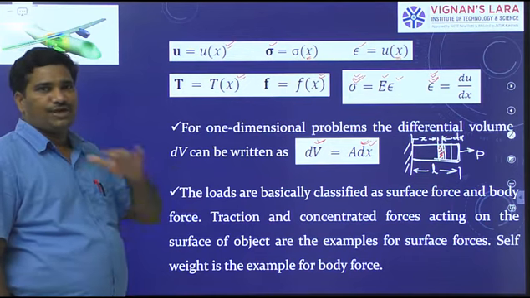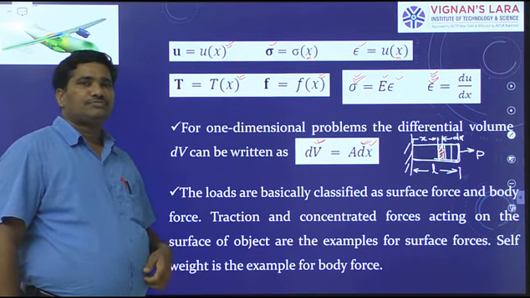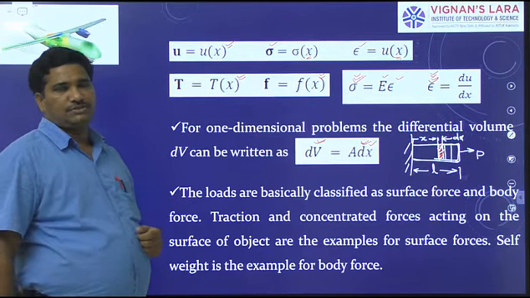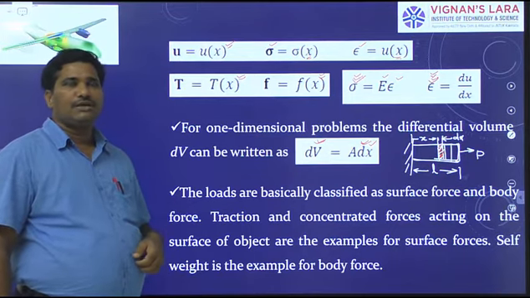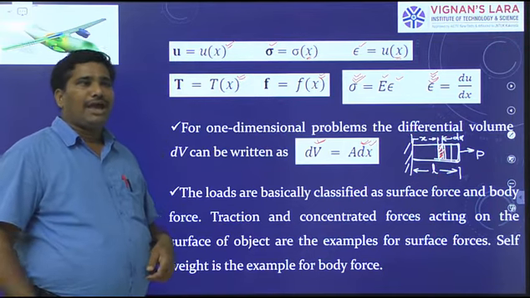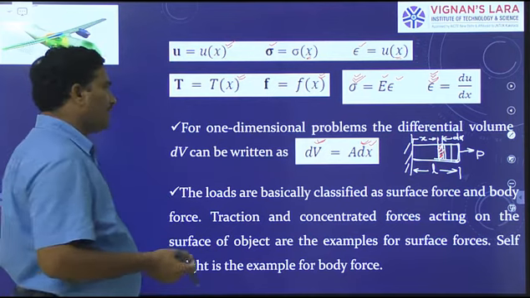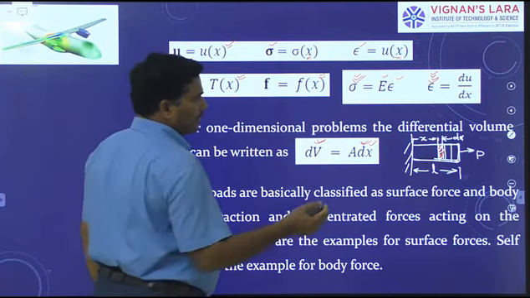Surface friction is the example for surface force, right? And the concentrated forces acting on the surface of the object are also the examples for surface forces. Now let us see.